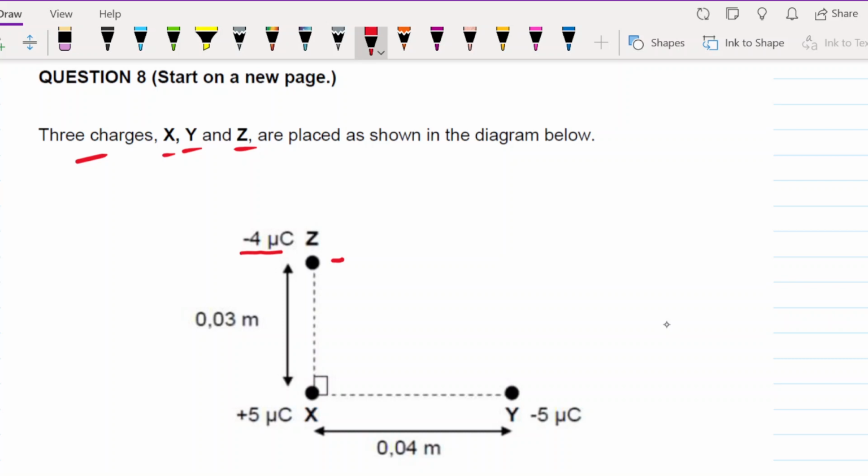Then we have charge X, which is 5 microcoulomb, so this one is positive. Then we have Y, which is negative 5 microcoulomb, so this one is negative. The distance between Z and X is 0.03 meter. The distance between X and Y is 0.04 meters.